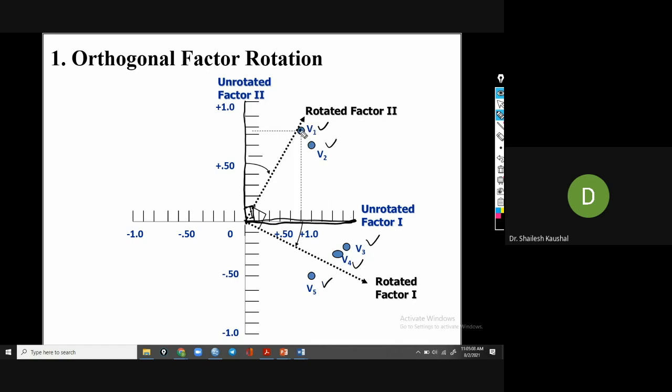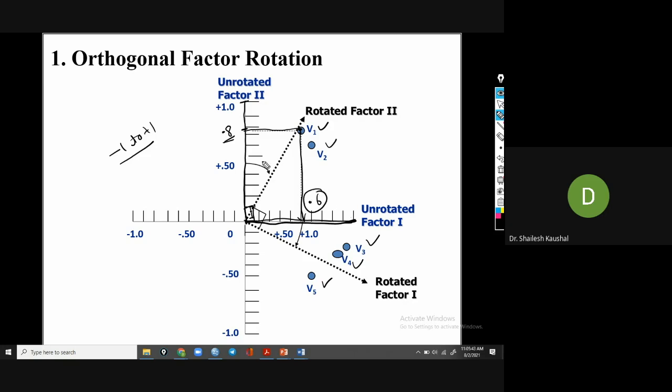Now for this question variable, when the value is perpendicular to this, I told you all the factor loadings will be between -1 and +1. If I project it onto the y-axis, its value is almost 0.8, and vertically on the x-axis, this value is almost 0.6.